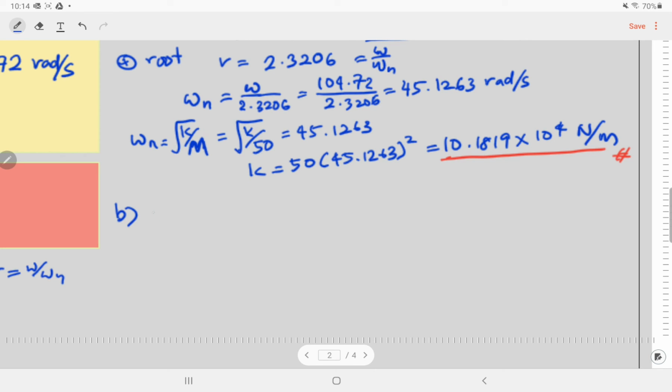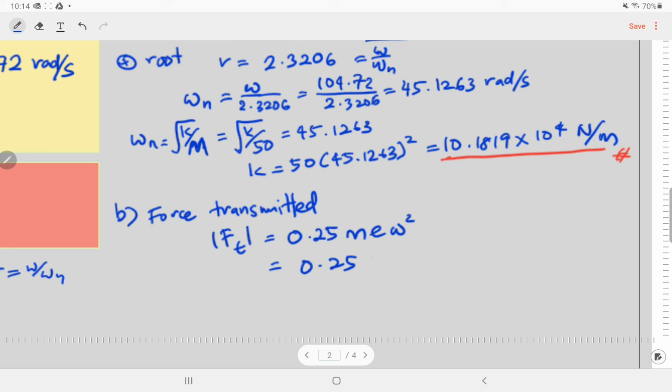So for B, the force transmitted, we know that using the relationship is 25%, so m e omega square. So this is small m. So you have all the values. So basically, you have 25 times 2, and you have the eccentricity. So this is quite straightforward.